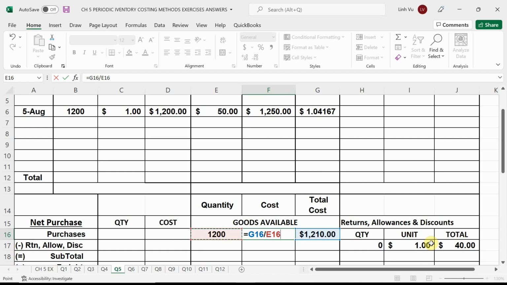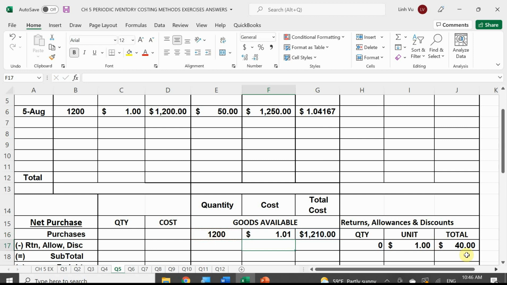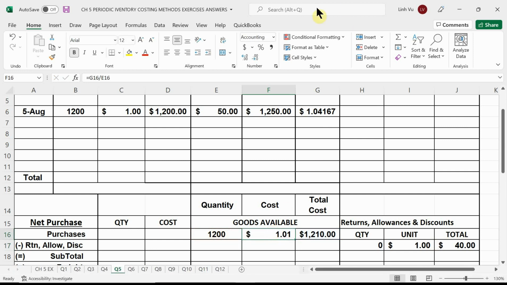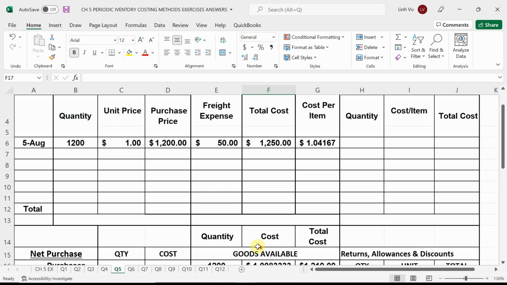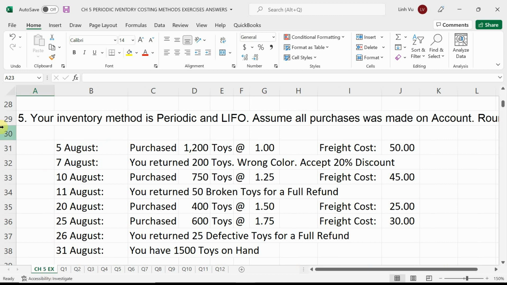It's roughly close to $1, but again it's going to be $1.0083. Okay, so it's roughly more than $1. So let's see what happened next.